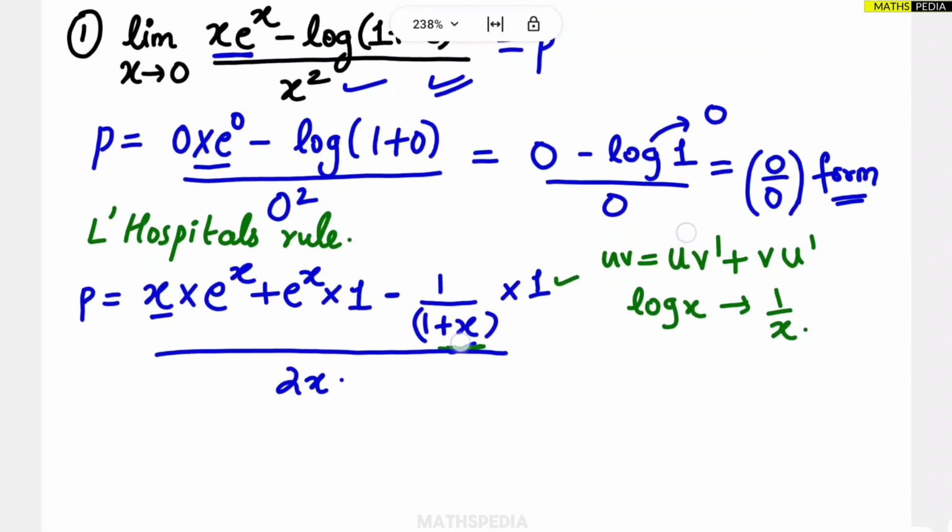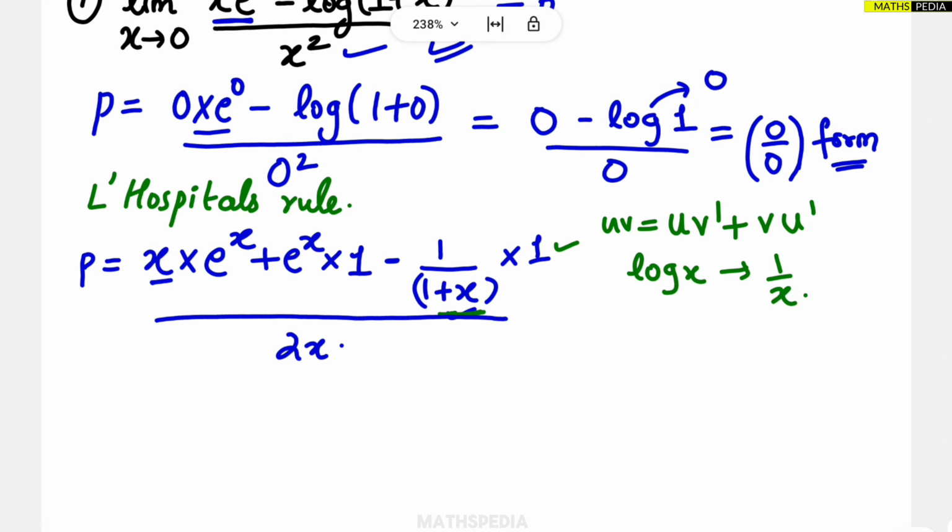Now we have to again apply the limit and see whether we are getting the answer or not. I forgot to write the limit, so it should be limit x tends to 0.